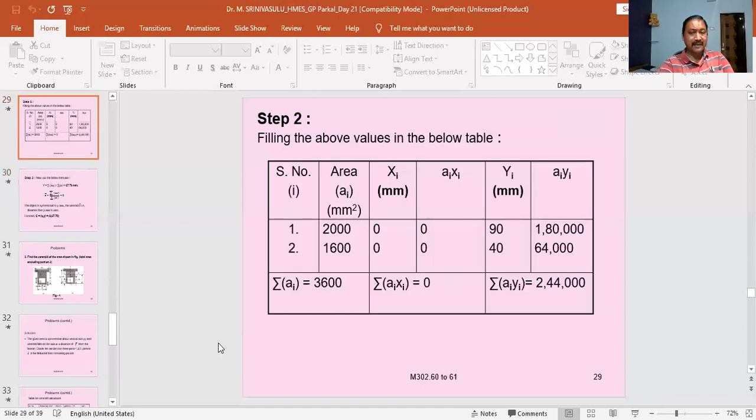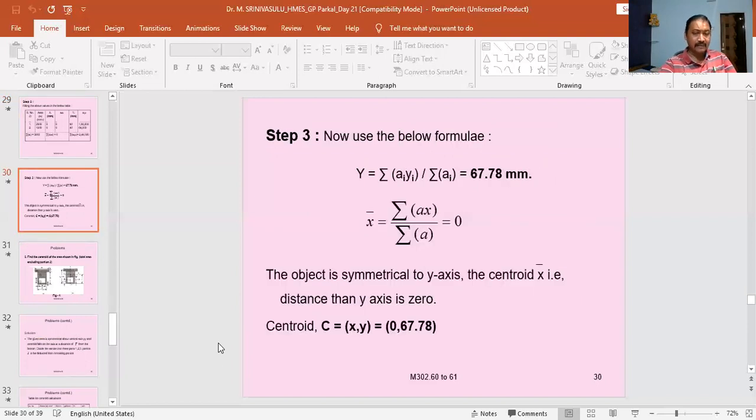And for the x bar, because it is symmetrical, the x value is equal to 0, acting at the midpoint. So x bar is equal to 0. So now the centroid of the given section is C is equal to x comma y, that is 0 comma 67.78 millimeters.